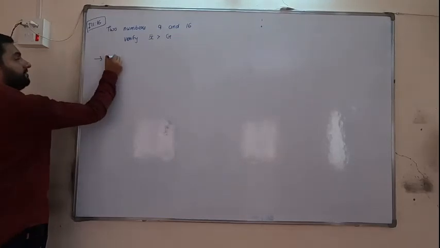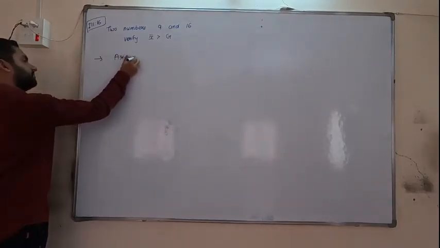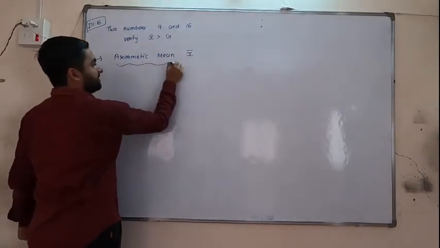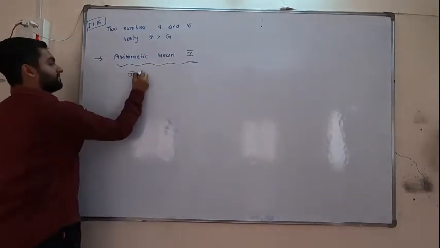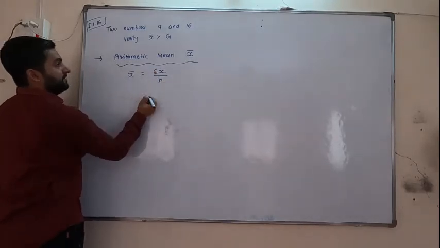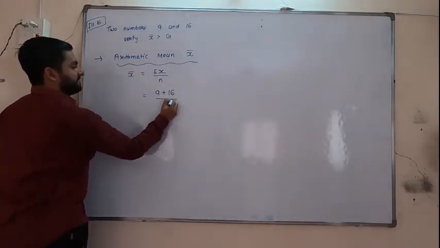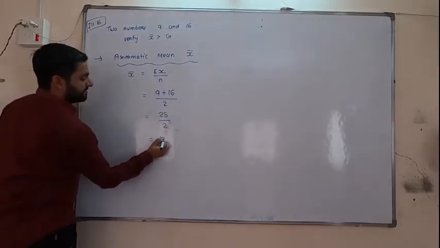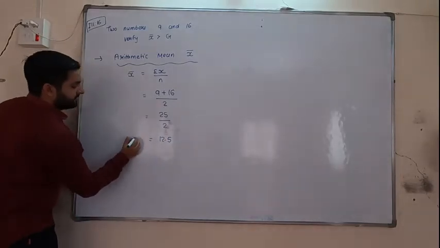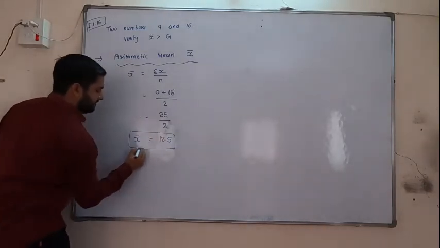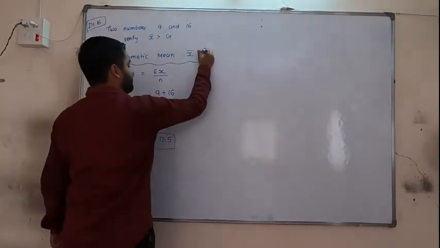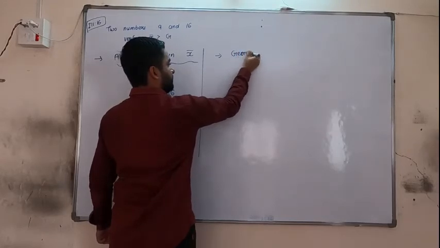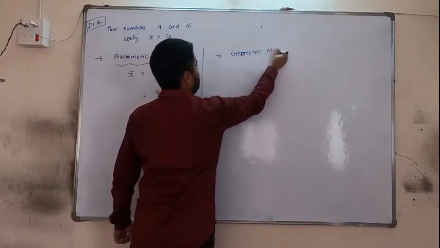Now first of all we will find the arithmetic mean, that is x bar. X bar is equal to sigma x upon n. 9 plus 16 by 2, 25 by 2 is 12.5. So x bar is 12.5. Then we will find the geometric mean g.